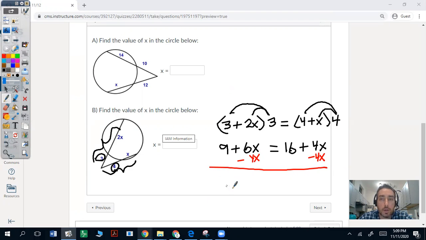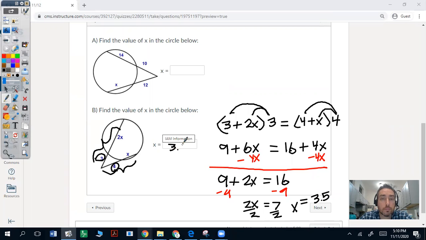So 9 plus 2x is 16. 16 minus 9 is going to be 7. So 2x equals 7. 7 divided by 2, and 7 divided by 2 is 3.5. So hopefully you got that. And that's going to be the value of x here.